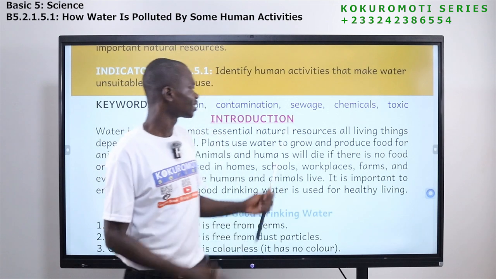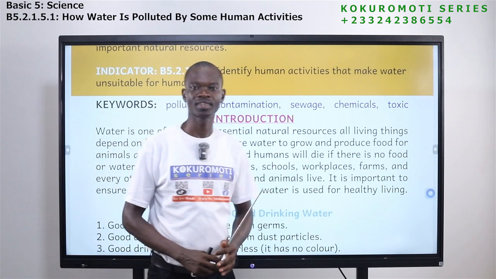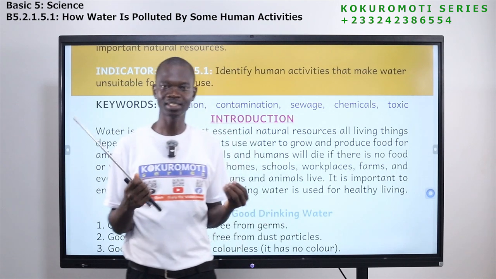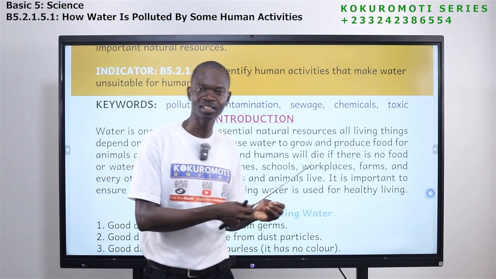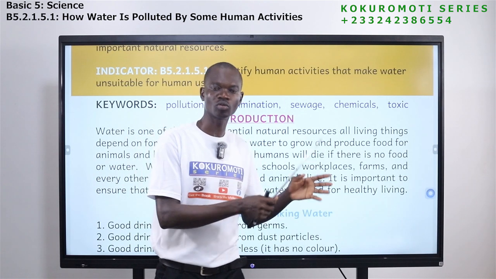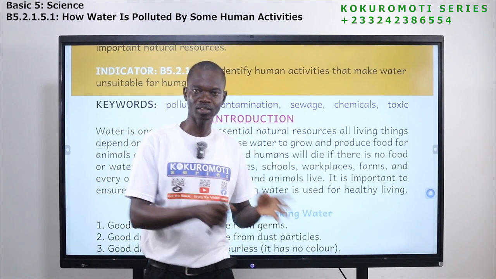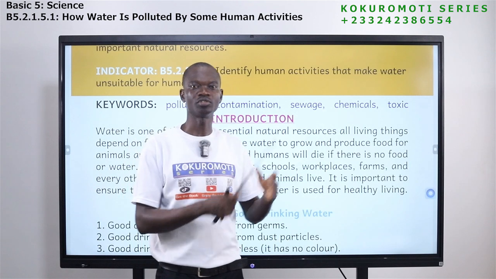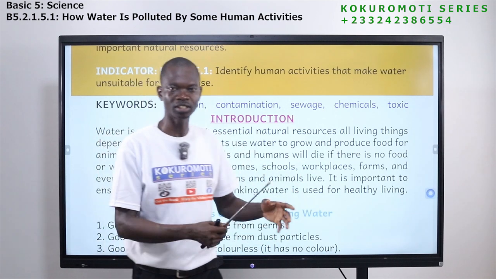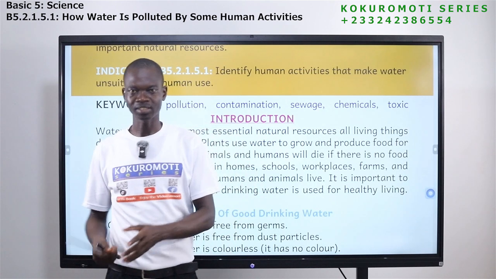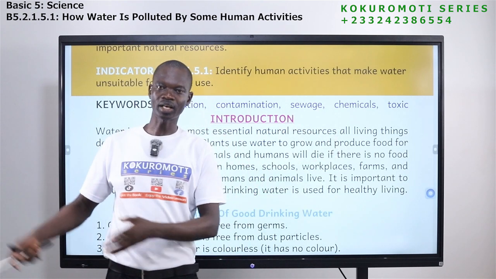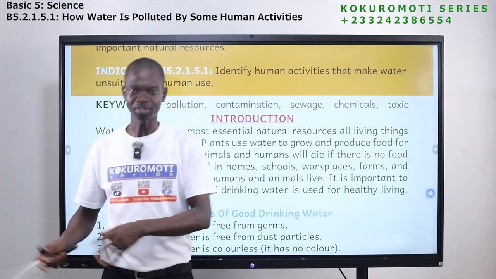Contamination. The next word is sewage. Sewage refers to waste. We have solid waste and other waste, but with sewage we are talking about liquid waste, wastewater. If you see any wastewater flowing in gutters, or at a place, we call it sewage. Mostly it flows outside.